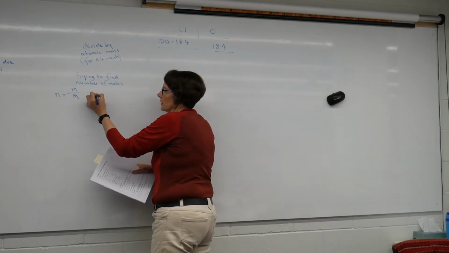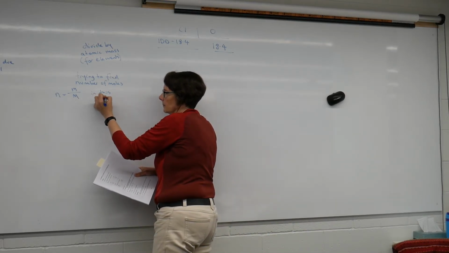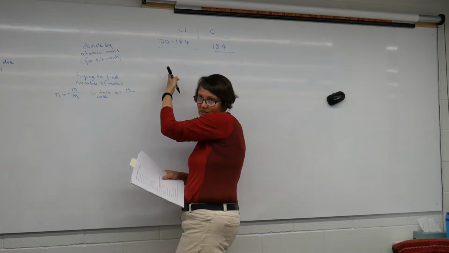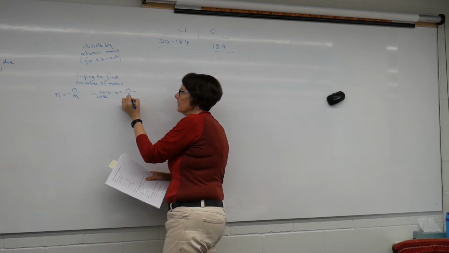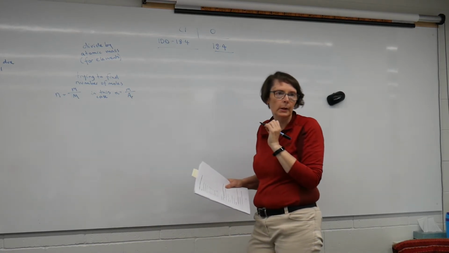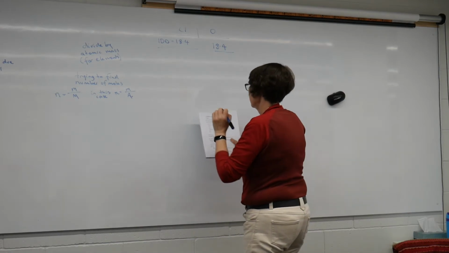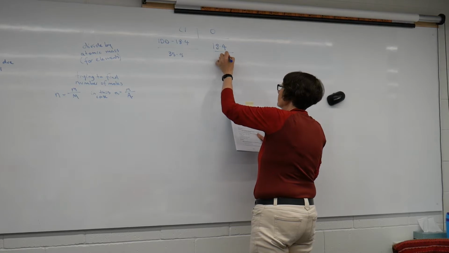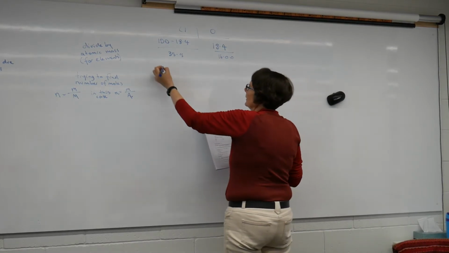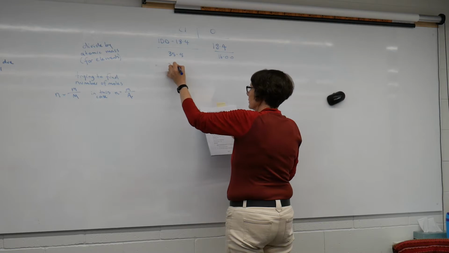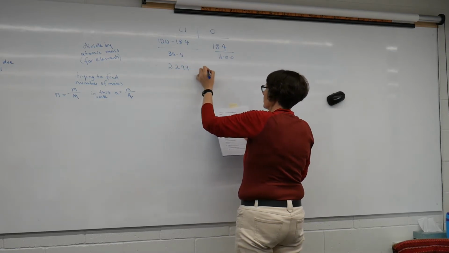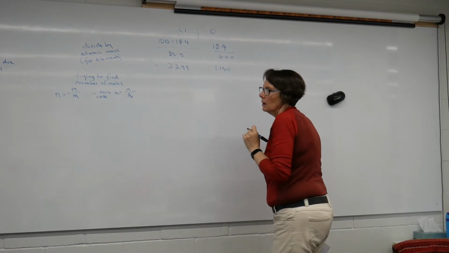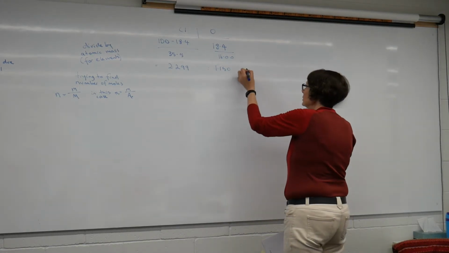Okay, so in this case, n is equal to the sample mass, percent, divided by the atomic mass of that element. And then we end up with this mole ratio.